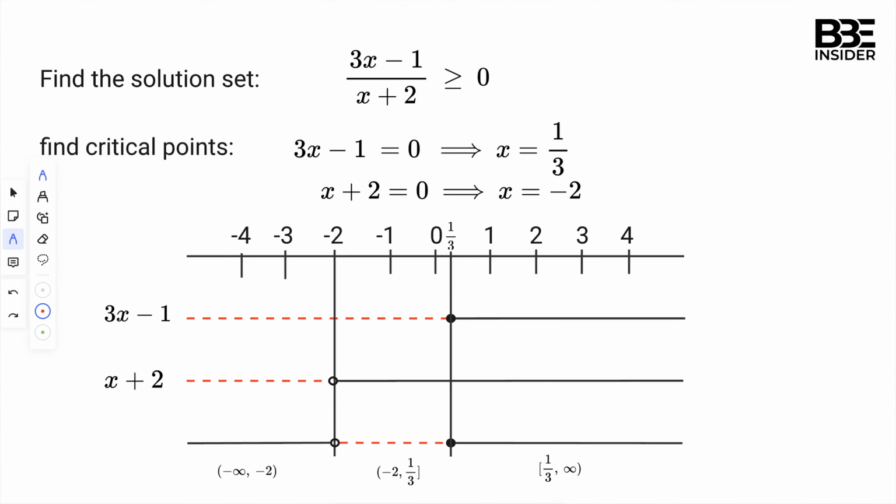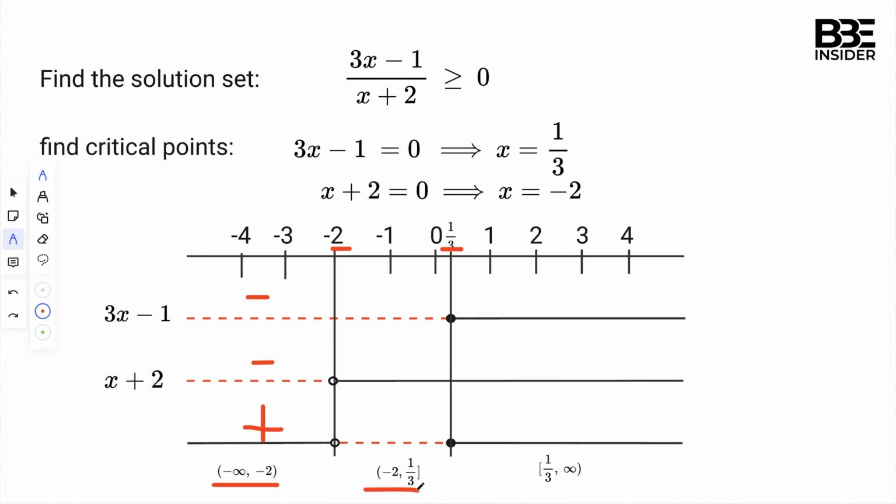Next, we split the number line into 3 intervals using our critical points. In the next step, we will analyze the sign of the fraction in each interval. For the first interval, 3x minus 1 is negative and x plus 2 is negative as well, making the quotient positive.